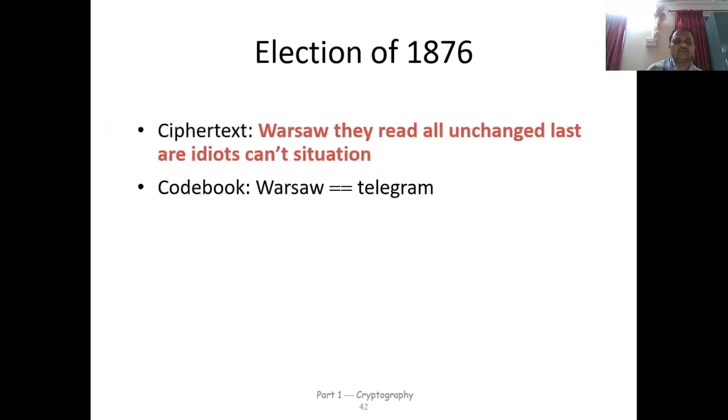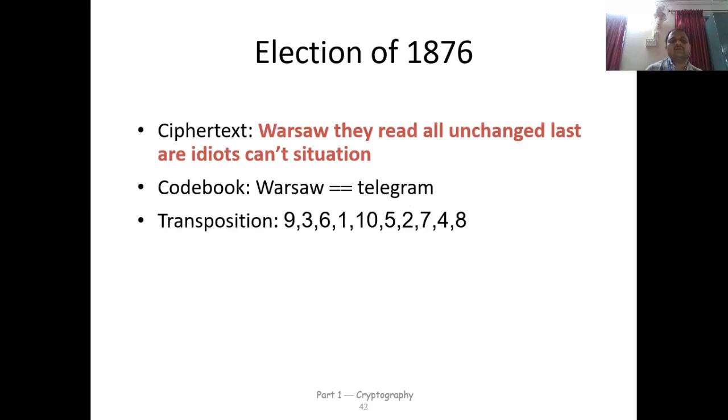Here you can see that in the codebook Warsaw is replaced with telegram, as we discussed in the previous slide. Of course it is only a single word here, so we need to replace this Warsaw with telegram. After applying this codebook cipher, we apply transposition with this particular sequence, which is a permutation here.